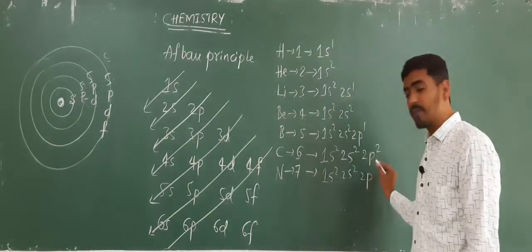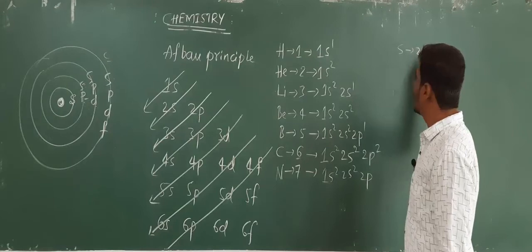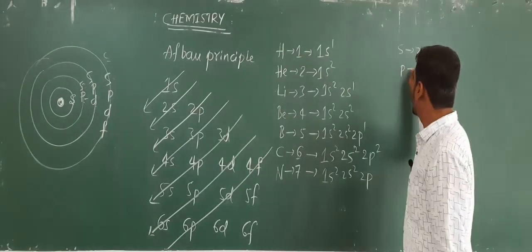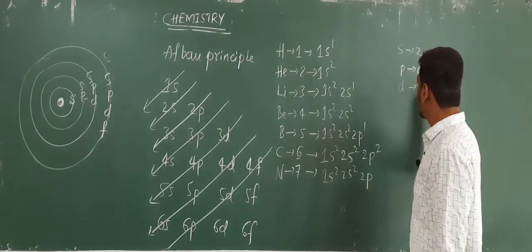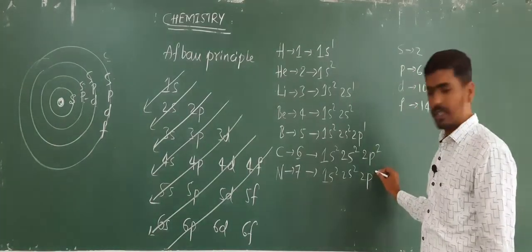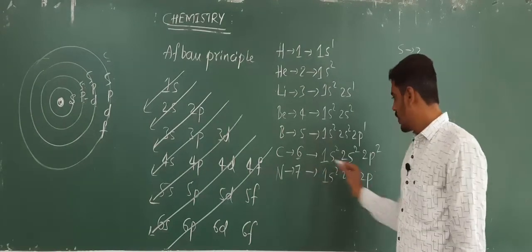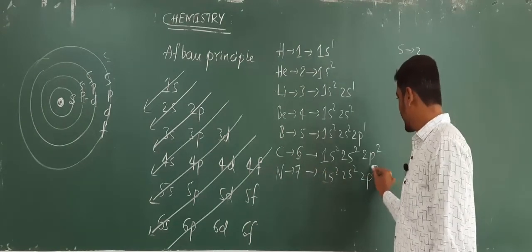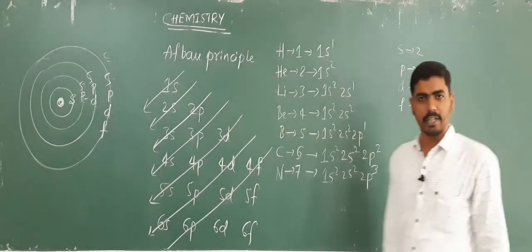Yes, we can fill that in the p orbital, because S can hold 2 electrons, P can hold 6 electrons and D can hold 10 electrons, F can hold 14 electrons. So up to 6 you can write here. That means 1s2, 2s2, how much remains? 3, that you have to write. This is the electronic configuration of nitrogen.